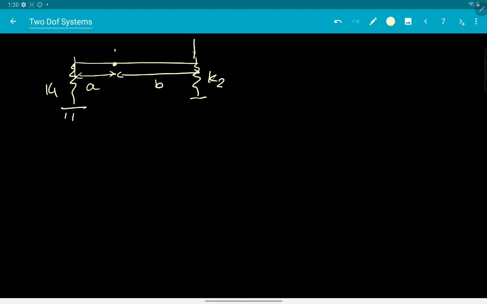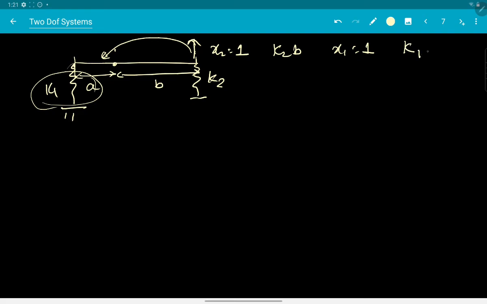So k2b, so let's say if you input x2 equal to 1 unit, then what is the torque that you will get? That will be equal to k2b. And what is the torque that you will get if x1 is equal to 1? Because of the spring, that will be equal to k1a.